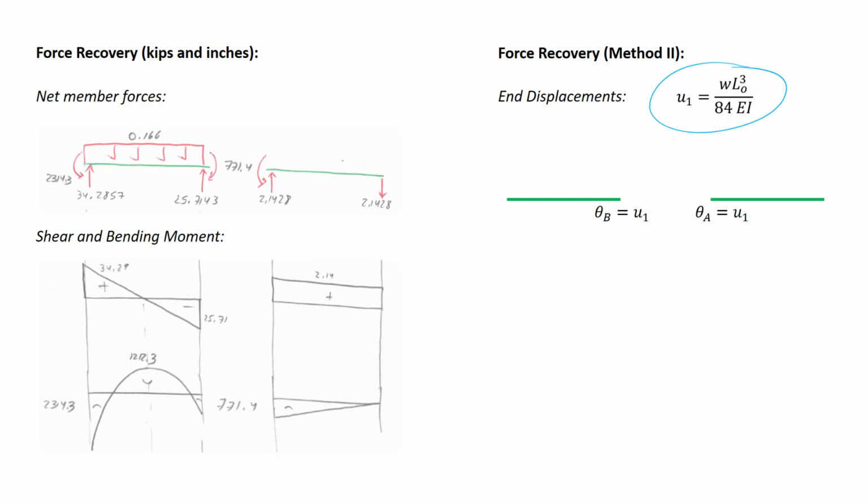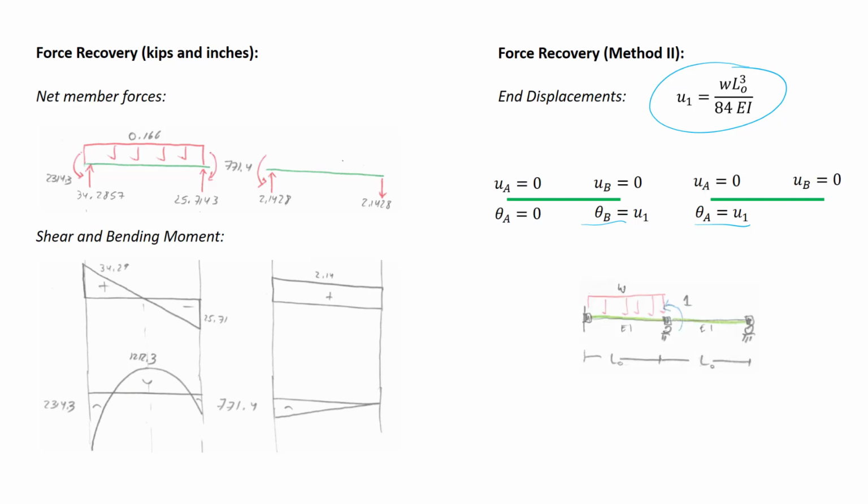So it tells us that the rotation at the center node is u1, and that applies to both members because both members are connected to the node at that point. The sign is positive because the degree of freedom was declared counterclockwise. Our value for u is positive, so the displacement is counterclockwise. The sign convention for method number 2 is upward positive, counterclockwise positive.